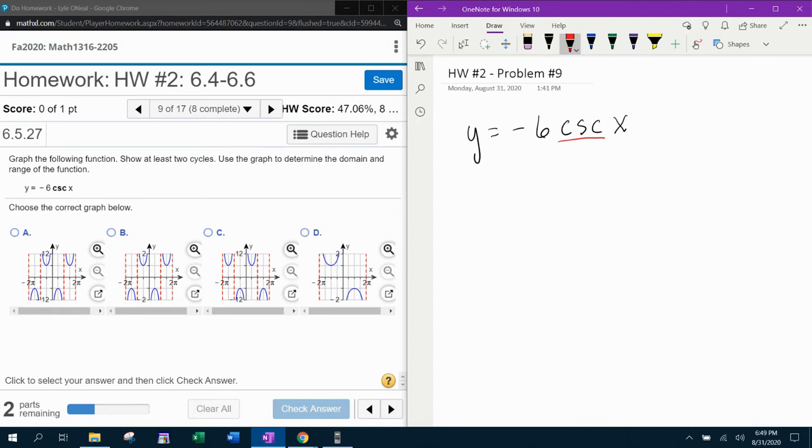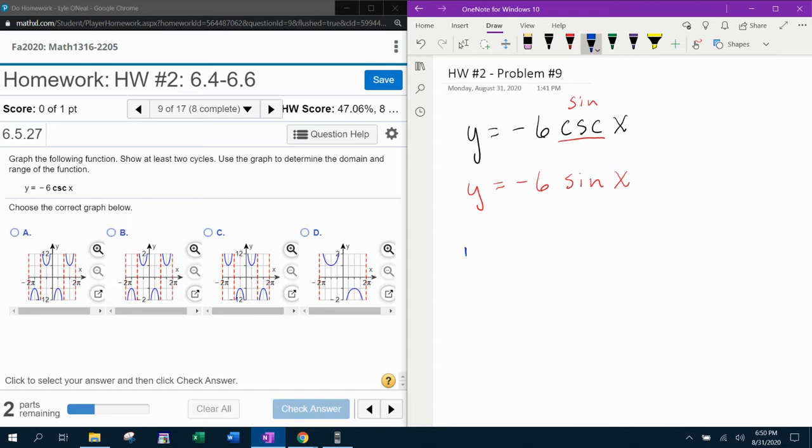So step number 1: cosecant is related to sine. Remember, sine and cosecant are reciprocal functions. And so we're going to pretend that this equation is really -6 sine x, and we're going to graph this function as if we're graphing a sine function.